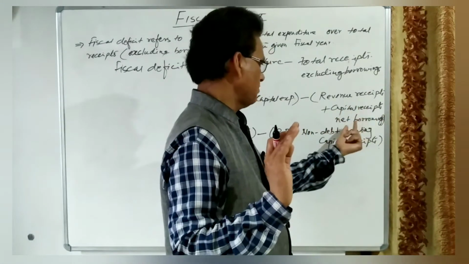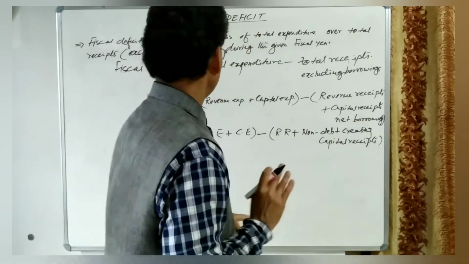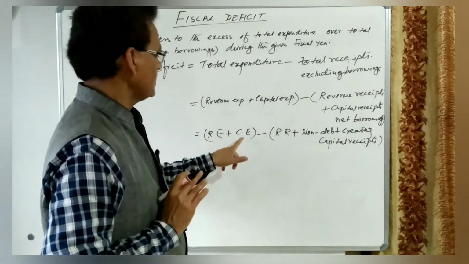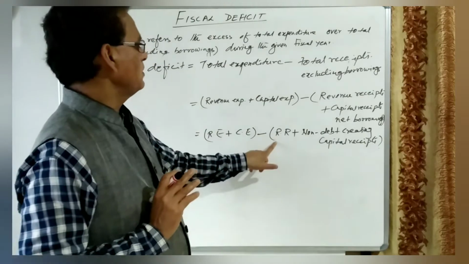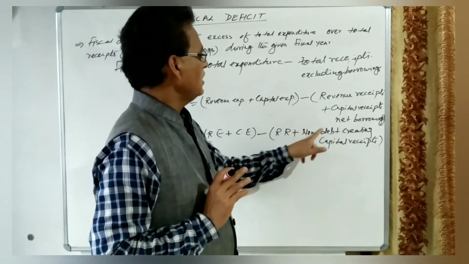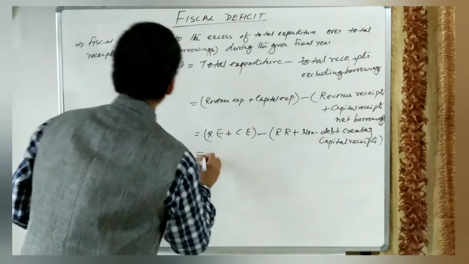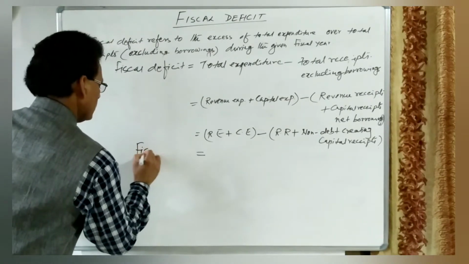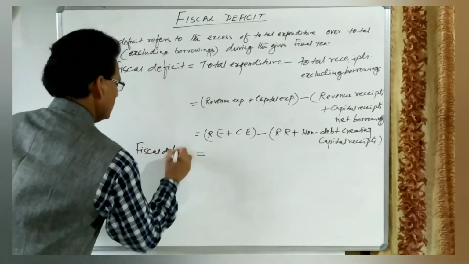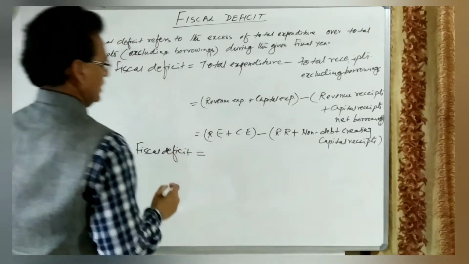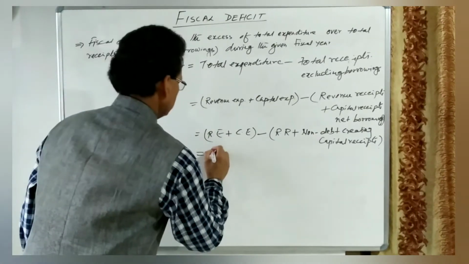So capital receipt net borrowings we have written. It means revenue expenditure plus capital expenditure minus revenue receipt plus non-debt creating capital receipt, and this fiscal deficit will be equal to borrowings.